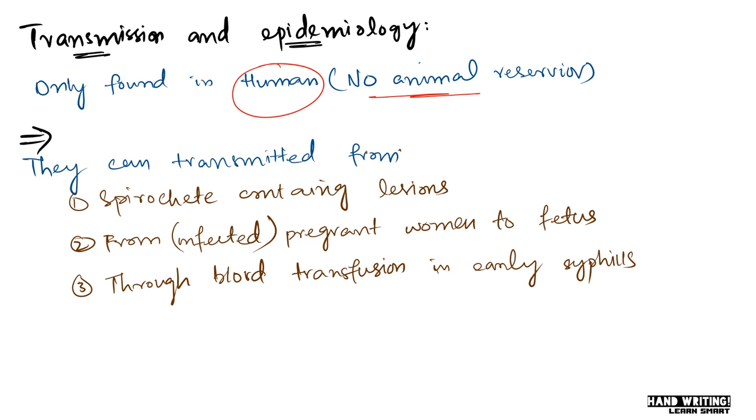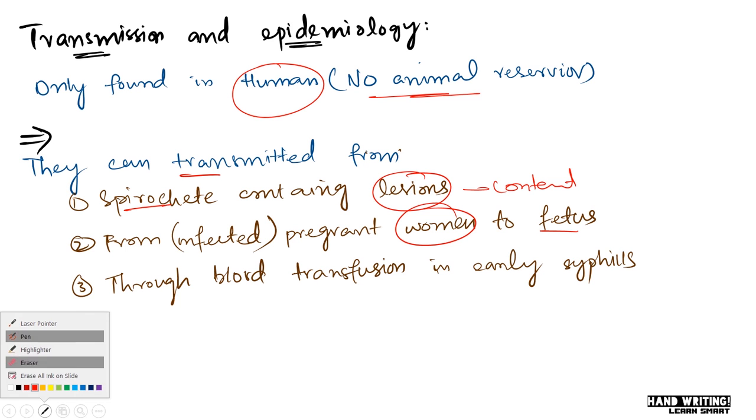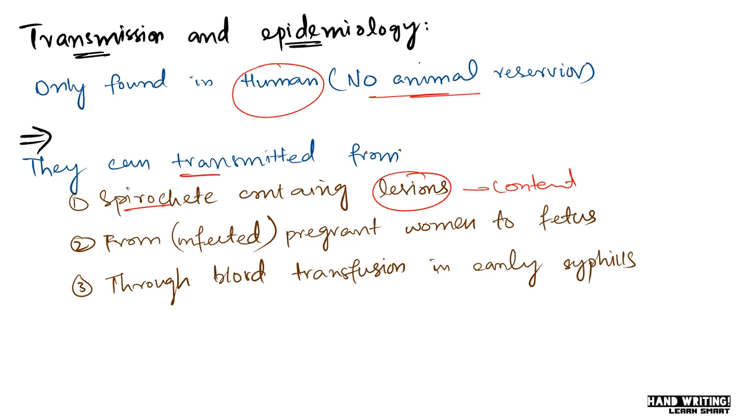Talking about its transmission, it can be transmitted from spirochete-containing lesions by contact, from the infected pregnant woman to the fetus to cause congenital syphilis, and through blood transfusion in the early stages.